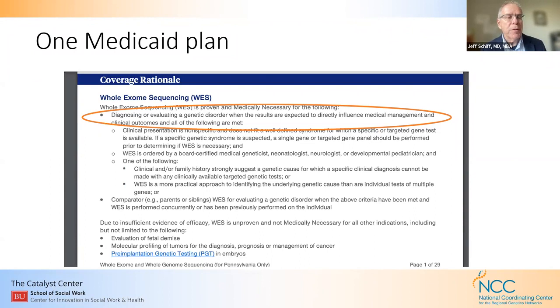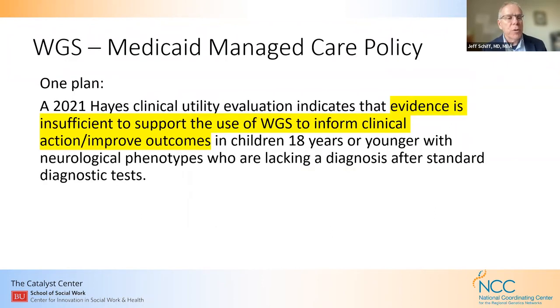But when you go back to the policy, if you go to the next slide, part of their policy on whole genome sequencing looked at Hayes. If you remember, last time we talked about Hayes as one of these vendors that produces clinical criteria that are often used by Medicaid folks. It said that with regard to whole genome sequencing, the evidence is insufficient to support whole genome sequencing to inform clinical actions or improve outcomes.